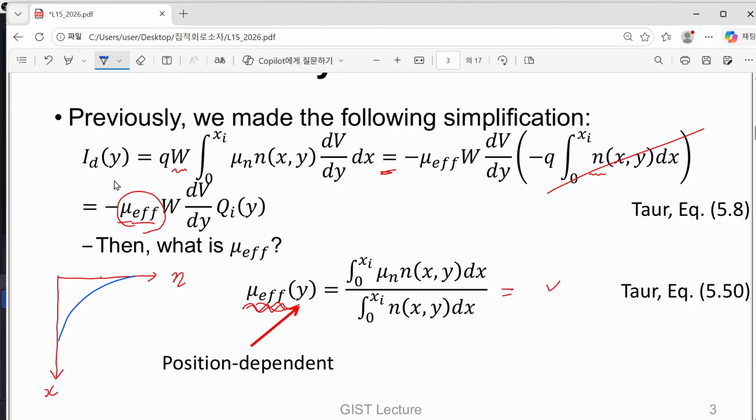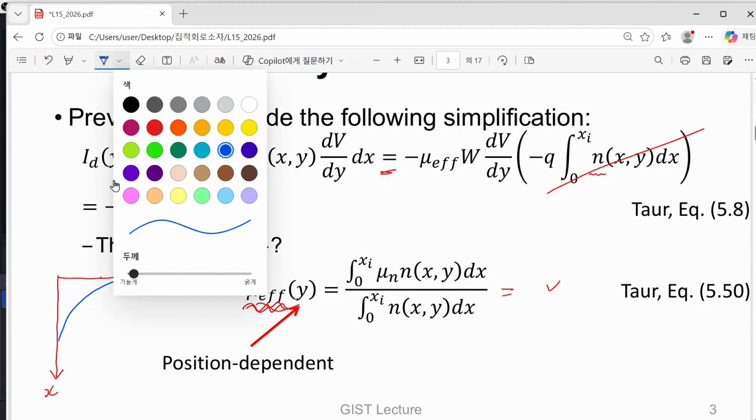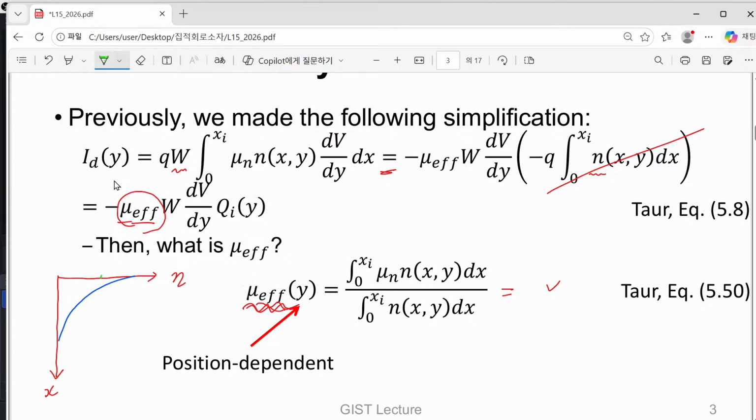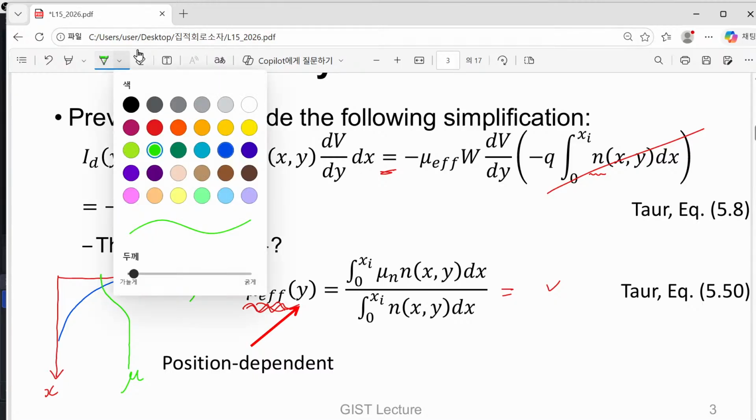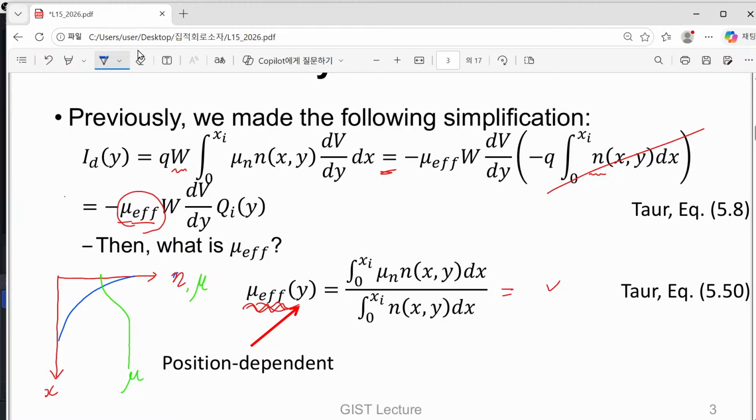And now let's say our mobility happens to have a certain behavior. This is just an assumption. Let's say this is our mobility, and this blue one corresponds to our electron density.